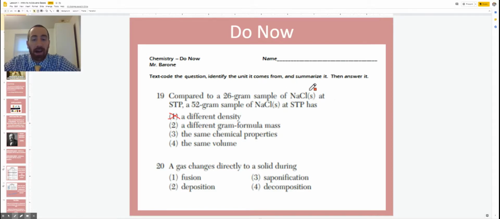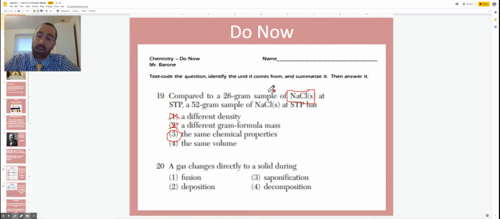Different gram formula mass? If you did the gram formula mass of each of these, it's the same formula. Therefore, they'll have the same gram formula mass. Okay, the right answer is going to be number 3. Since they are identical in their chemical formula, they will have the same chemical properties. It's the same compound, they just have different masses.